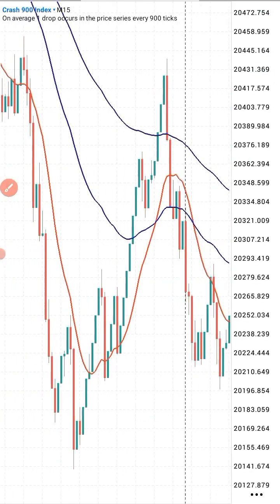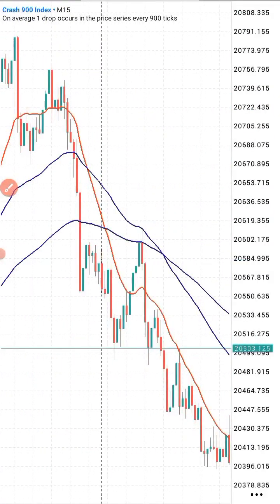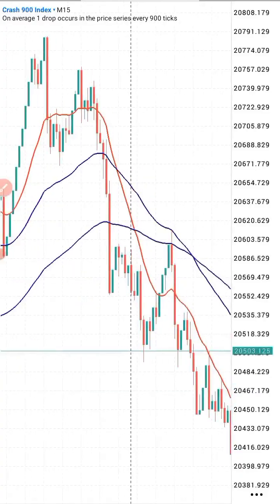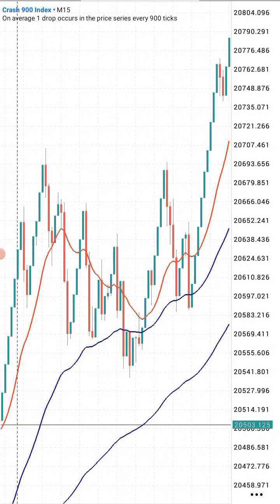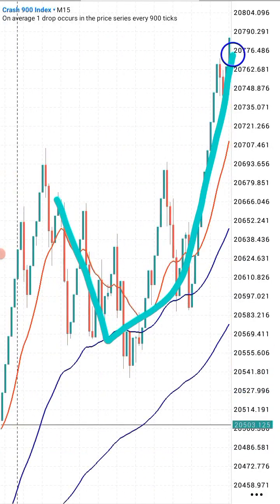Two things: the bounce and the break. Because moving average is actually a support and resistance indicator. When you see it break or bounce, you trade the direction. These are the two ways.